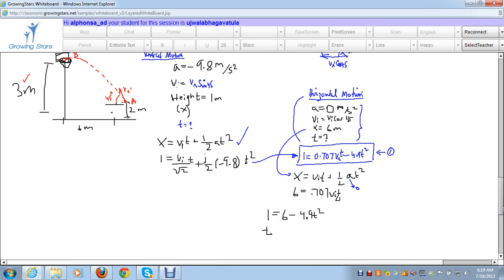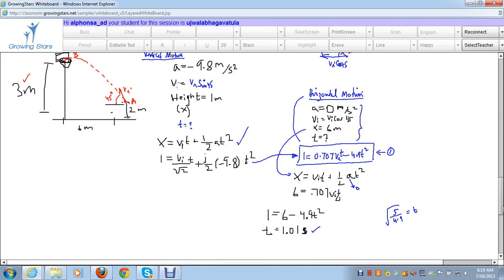So 5 divided by 4.9, square root. Did you do like that? Okay. 1.01 seconds. But what are they asking for?